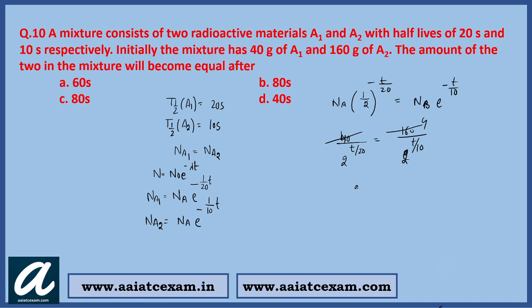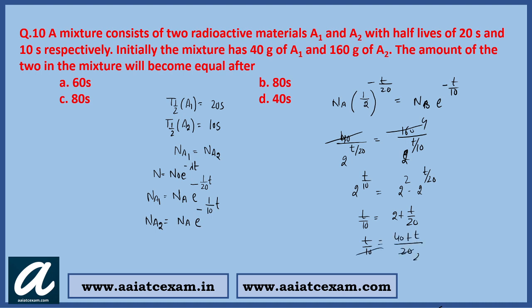Just cross multiply, so 2 raised to power t by 10 should be equal to 2 squared into 2 raised to the power t by 20. Students, on comparing both sides, t by 10 should be equal to 2 plus t by 20.